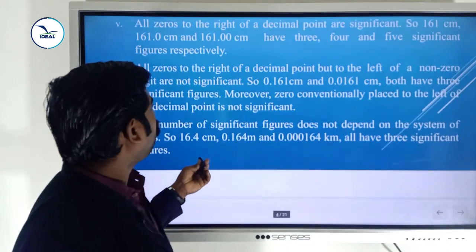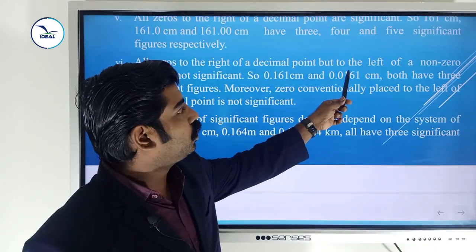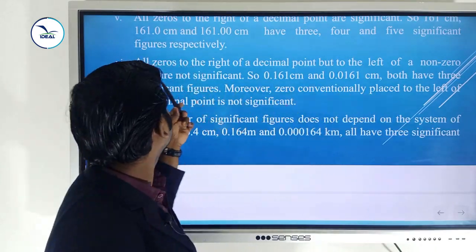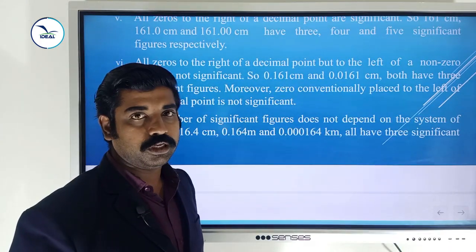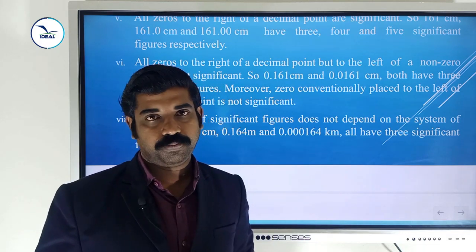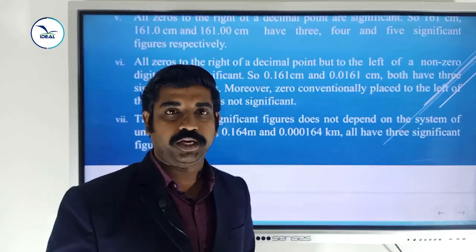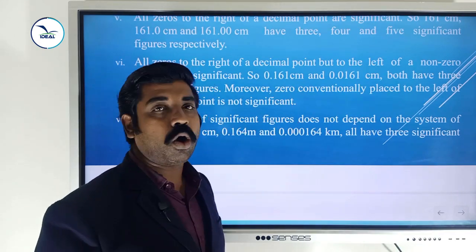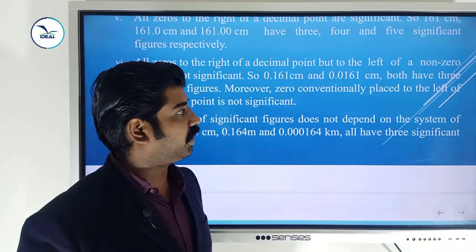And the sixth one. All zeros to the right of a decimal point but to the left of a non-zero digit are not significant. Means if a number is less than 1, we can write it as 0.161 centimeter. This 0 is not significant, so there are only 3 significant figures.